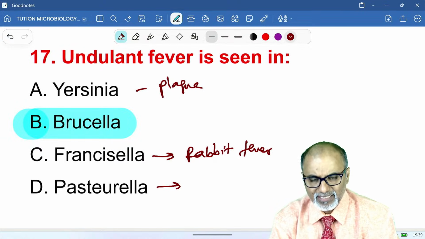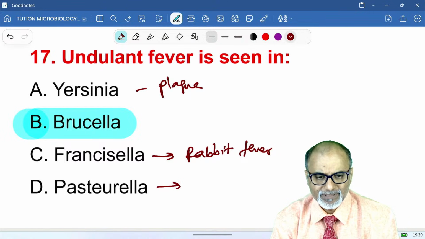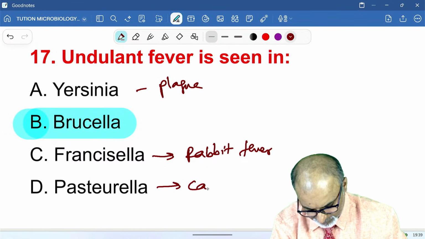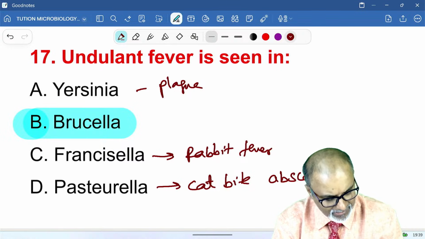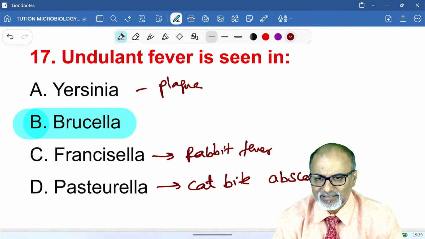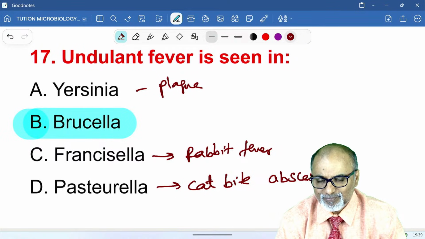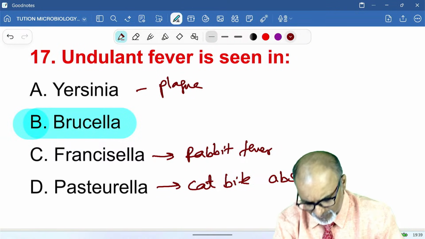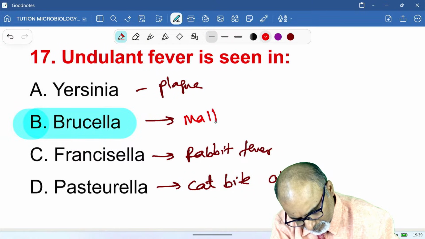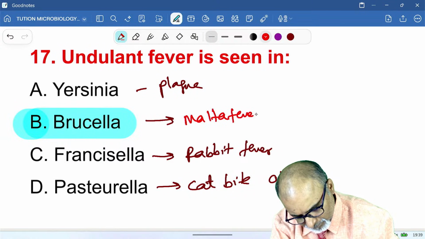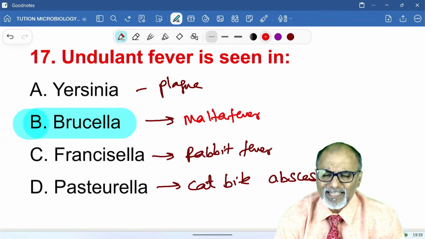Pasteurella causes cat bite abscess. Brucella causes undulant fever. Other name, Malta fever, or one more name, Mediterranean fever.